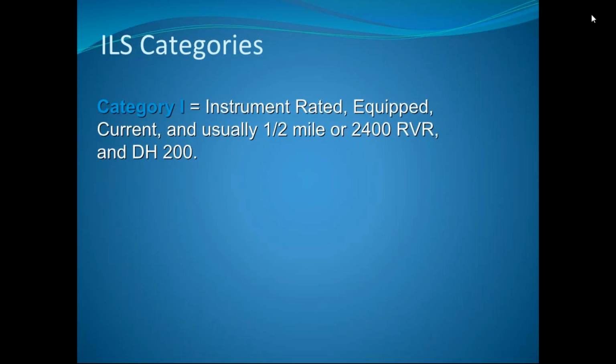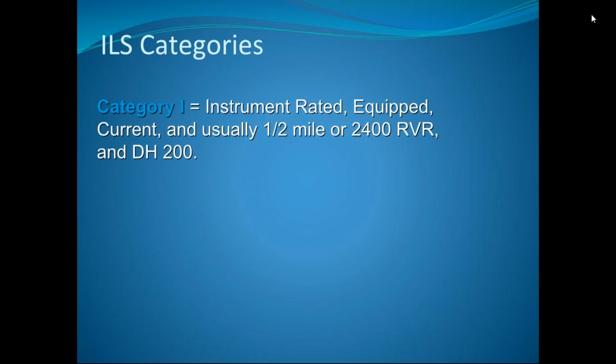When we talk about Category 1, and for the purpose of this class, the only category that we're going to use for approaches, typically you have to be instrument rated, equipped with the proper equipment, and current in the type of aircraft you're flying and with the equipment that you're using.